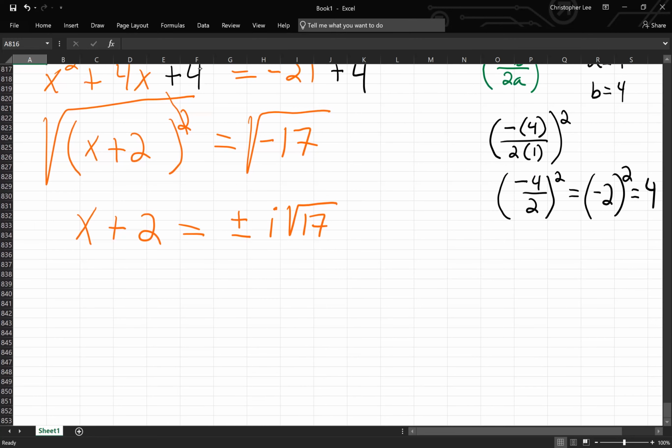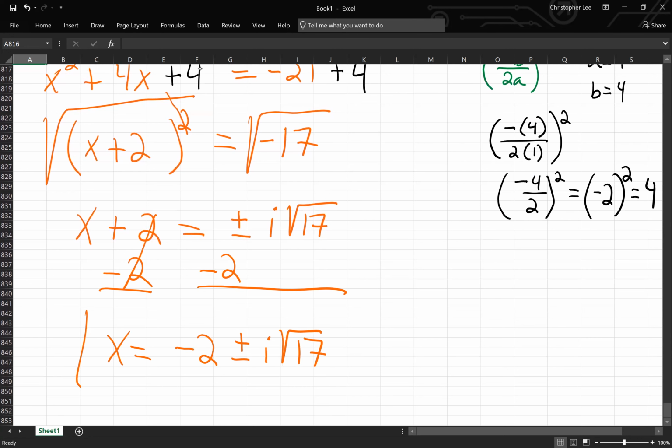After that, I want x by itself, so I'm going to subtract 2 from over here. What I do to one side of the equation, I must do to the other side. So now x is equal to negative 2 plus or minus i square root 17. When it comes to this situation, you don't have to simplify it any further.